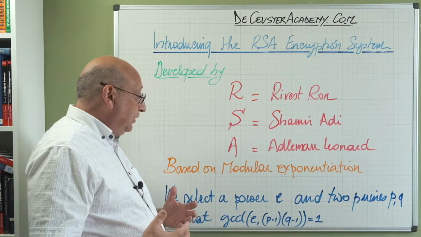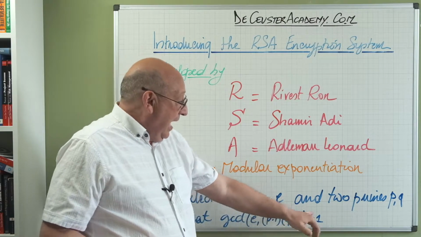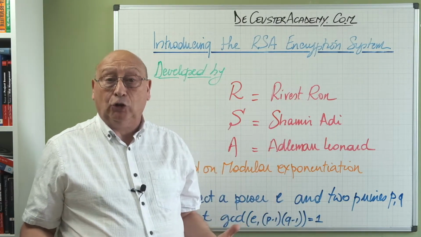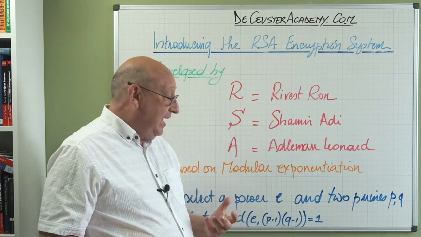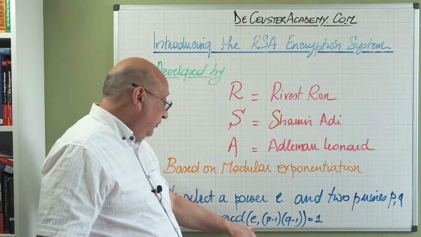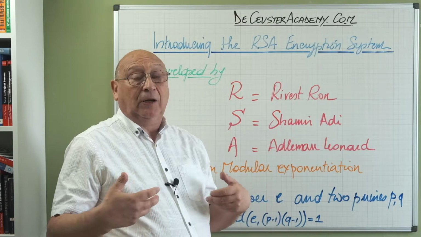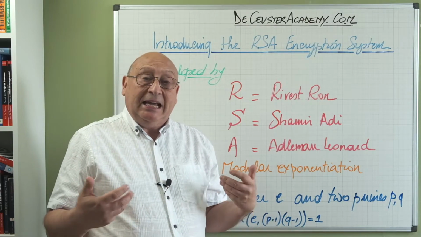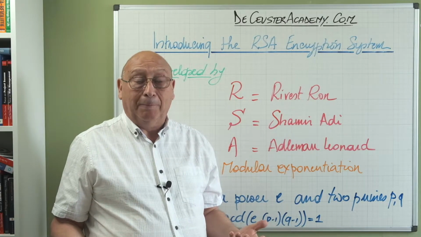So basically what we're going to do is to select a power and two primes, P and Q. And we have to select those three numbers in a way that the GCD of the power and the product of the two primes, each reduced by 1, is 1.